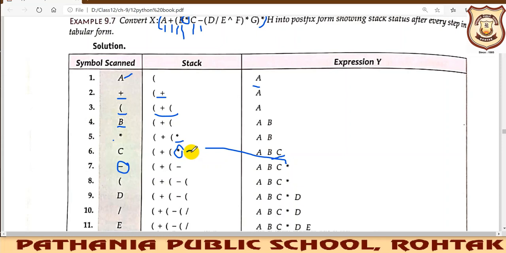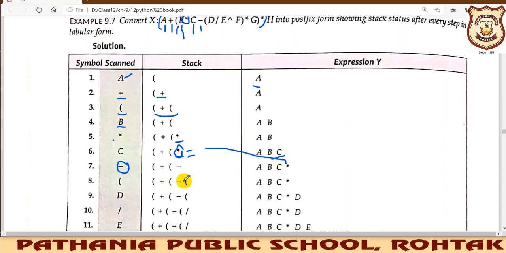If the operator you are just entering into the stack is of lesser precedence than the operator already inside the stack, then that operator will be shifted to expression y.